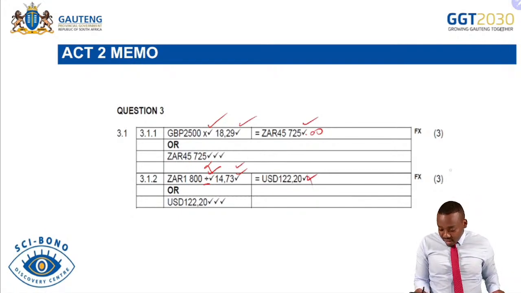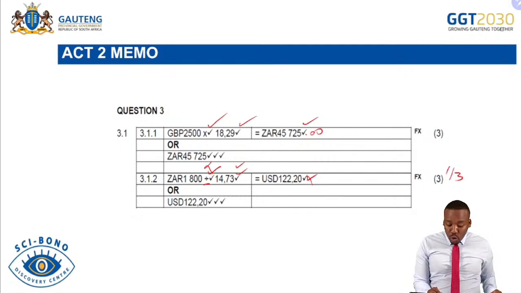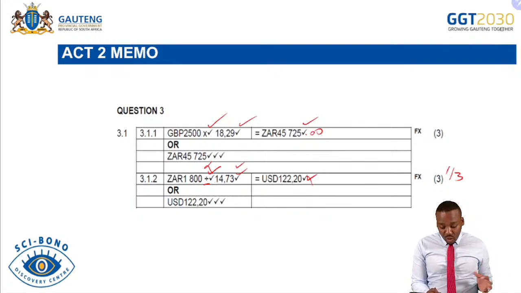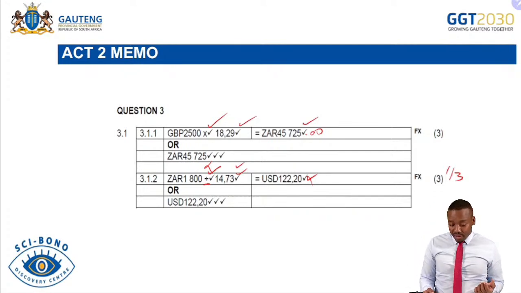Then the child will get 1 out of 3. Not too bad, but hence I'm saying do not ignore your calculations because this is maths. If you had multiplied instead of dividing, you are still going to get at least 1 instead of 3. So make sure that you do not skip your calculations.